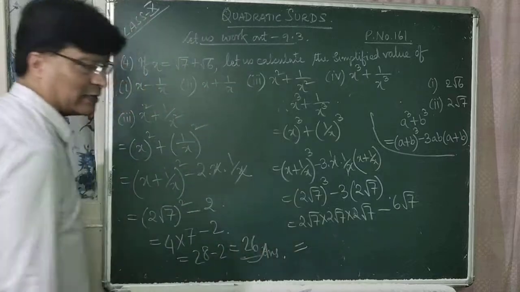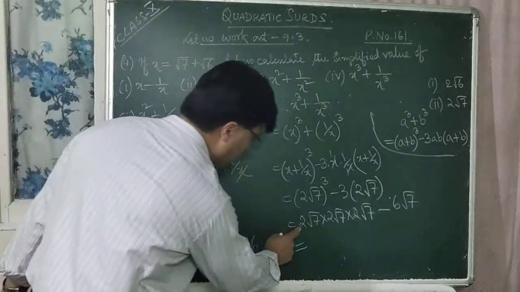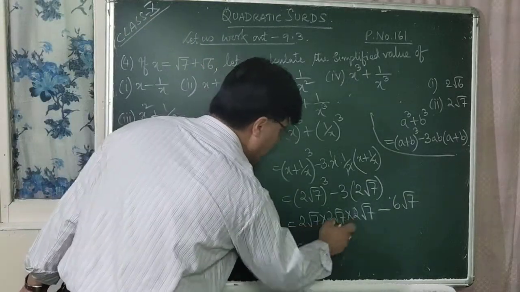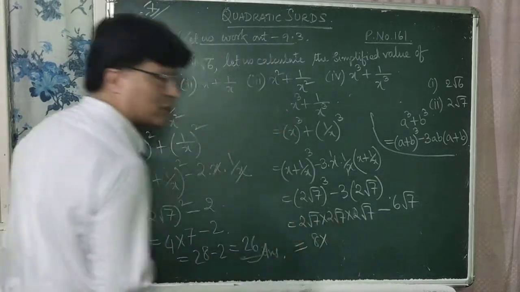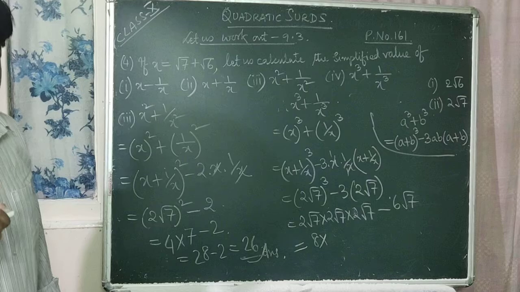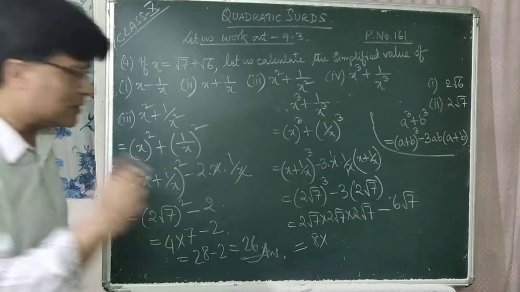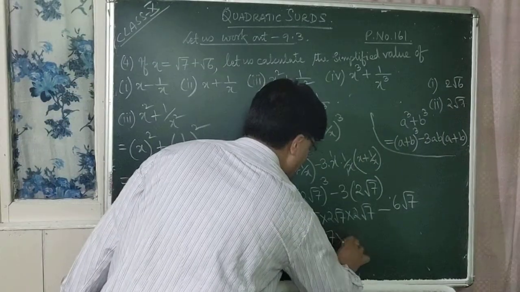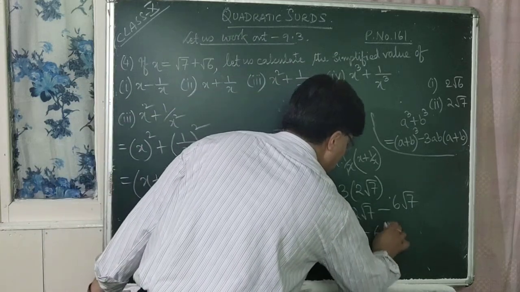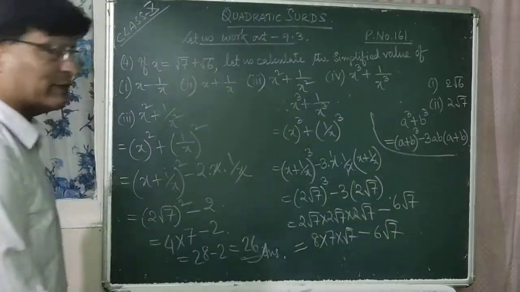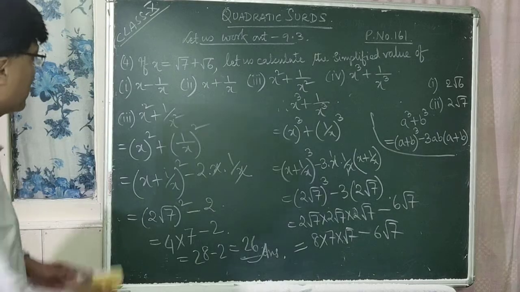Now we can simplify. Now you can multiply. 2 2s are 4, 4 2s are 8. Into, what is root 7 into root 7? Root over 49. What is square root of 49? 7. Into root 7, right? Minus 6 root 7. Is that clear now?